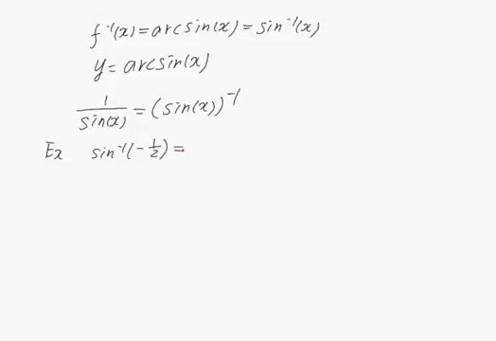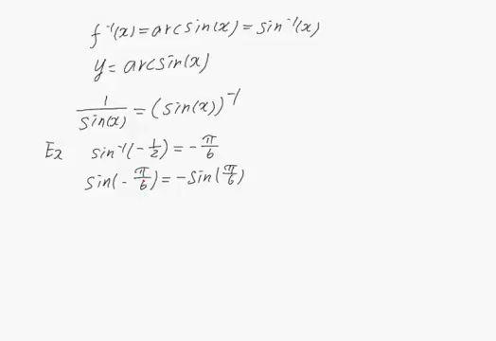Negative pi over 6. Right? Since the sine of negative pi over 6 is equal to negative sine of pi over 6, because sine in the quadrant 4 is negative.